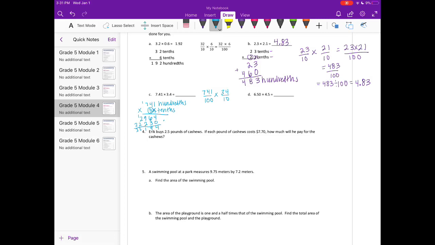I'm going to write this over here. Got a little squished. 25,194 hundredths times tenths is thousandths.